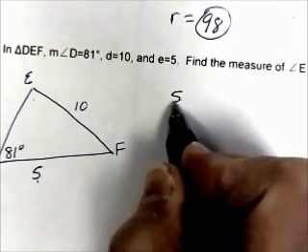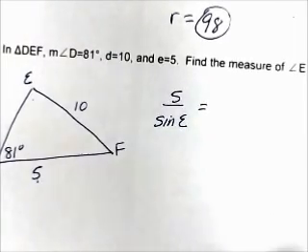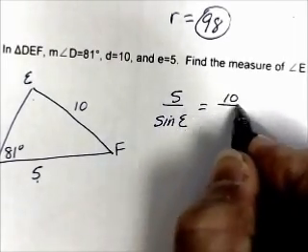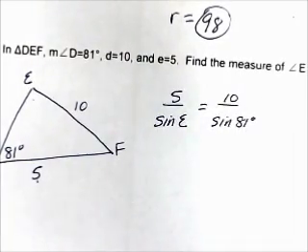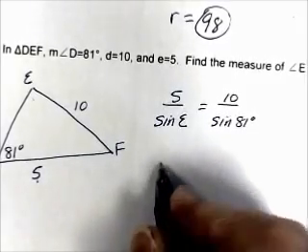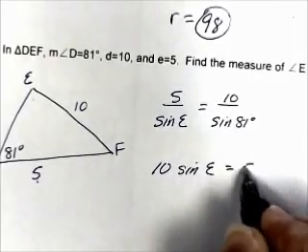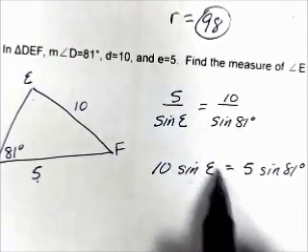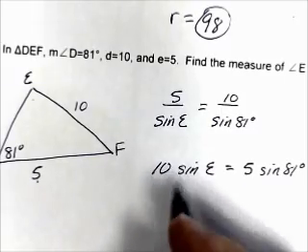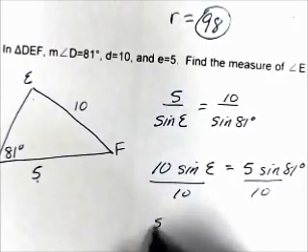Our side of 5 over sine of E would equal our side of 10 over sine of 81. Cross multiply. 10 times sine of E is equal to 5 times sine 81. We need to get E by itself, so let's first undo the multiplication by 10 and divide both sides by 10.